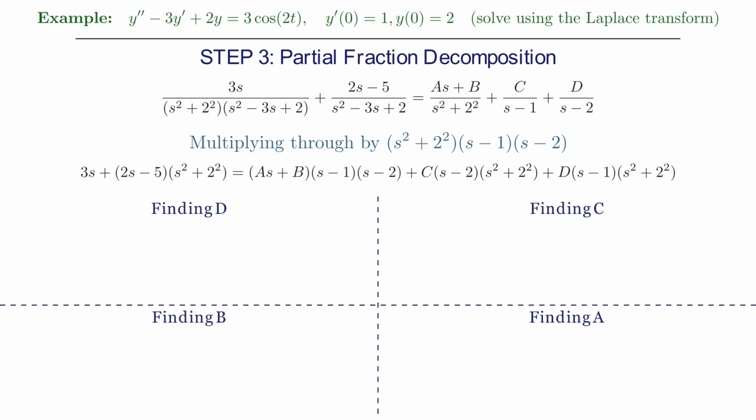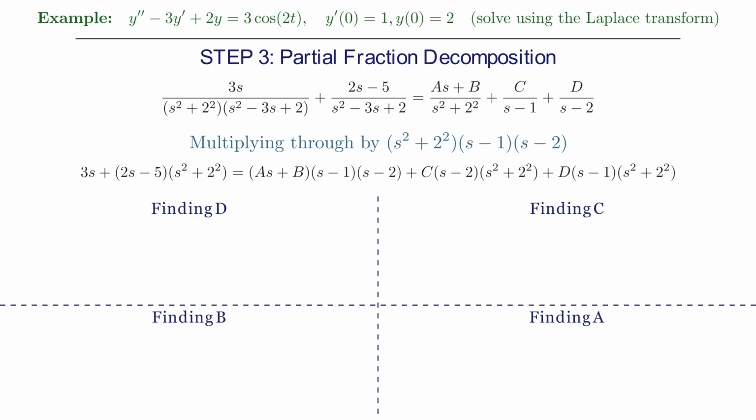So I'm going to start by finding d. In order to do this, I want to eliminate all of the terms which have got a, b and c in them. And if you look at the equation closely, you can see all of these are multiplied by s minus 2. So if I can make the s minus 2 equal to 0, all of these terms will be eliminated.